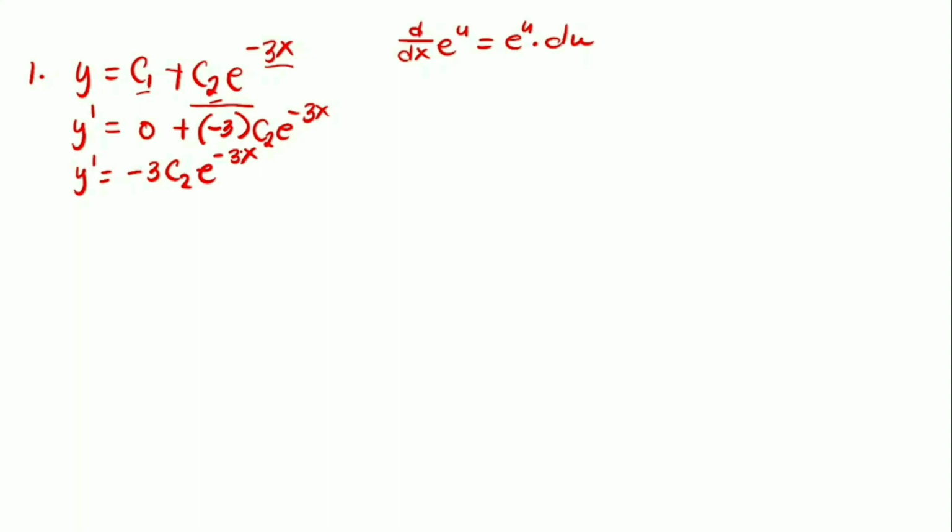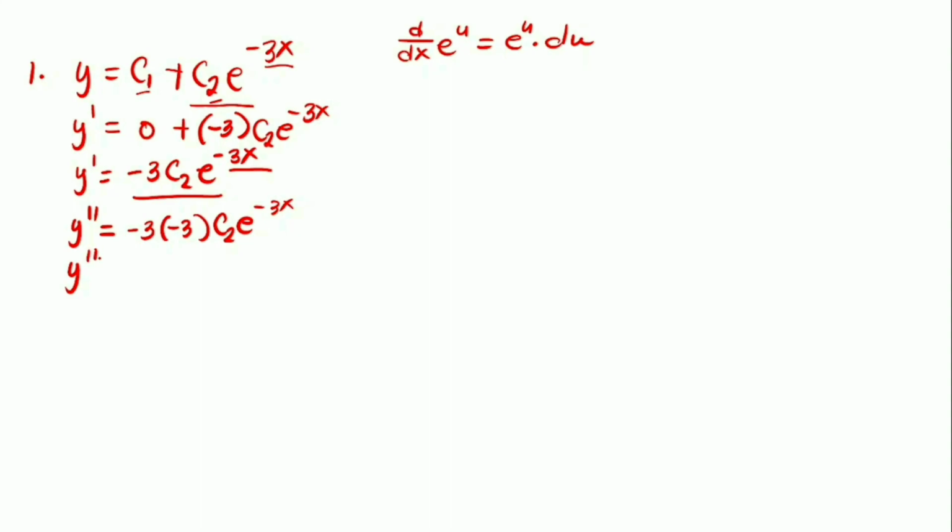Okay? So the second derivative, you need to differentiate the first derivative, which is negative 3 times c sub 2 e raised to negative 3x. So, negative 3, differentiate again the u, which is negative 3x. So, negative 3 times negative 3 c sub 2 e raised to negative 3x.